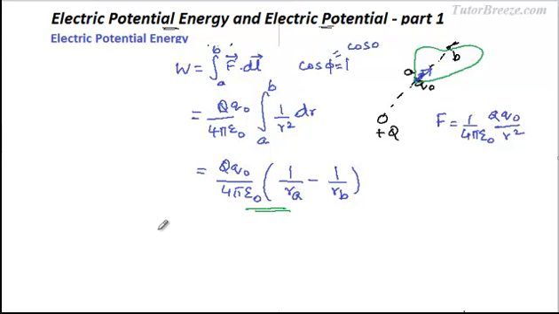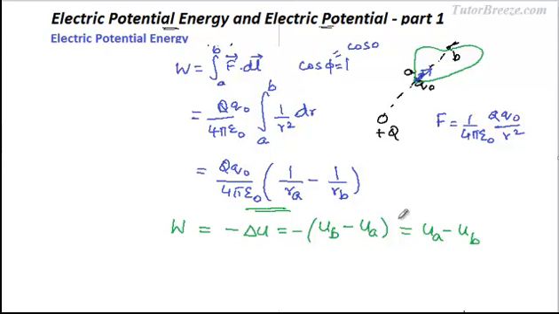Now earlier we had said that in case of conservative forces, work done is equal to the negative of the change in potential energy, which is negative of U at the final position minus the initial position. Over here, we can just write this as UA minus UB.